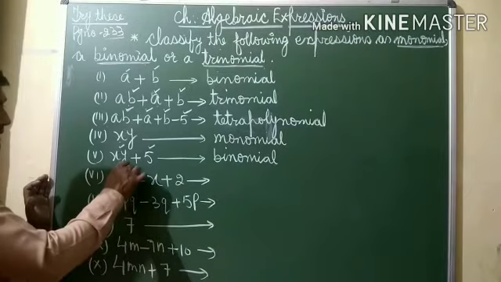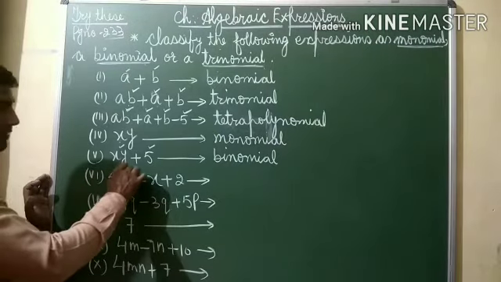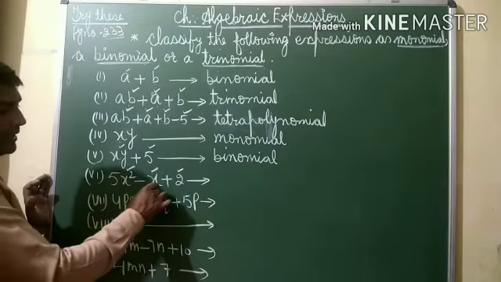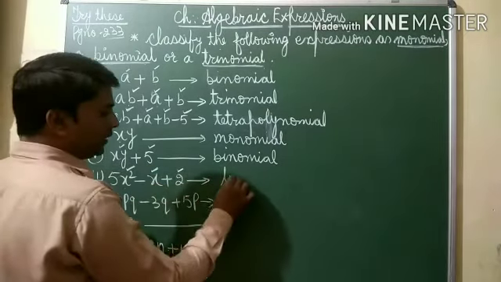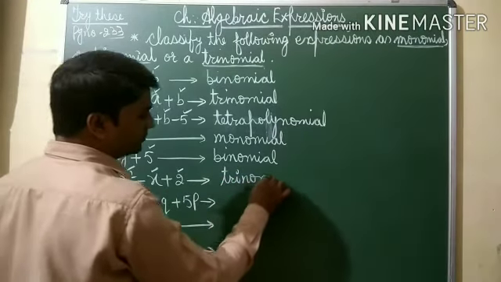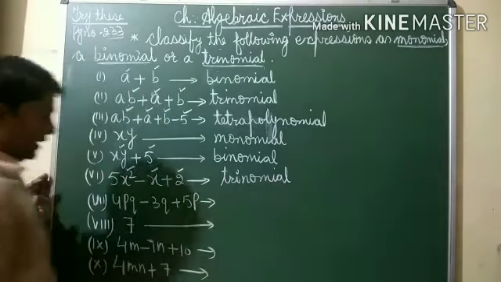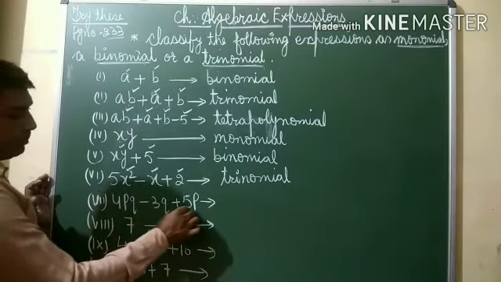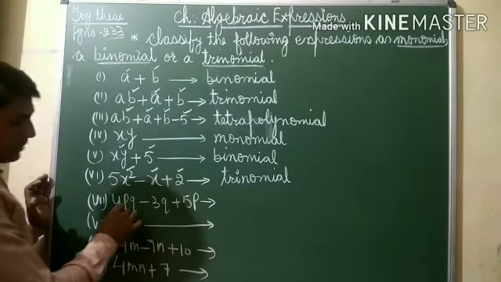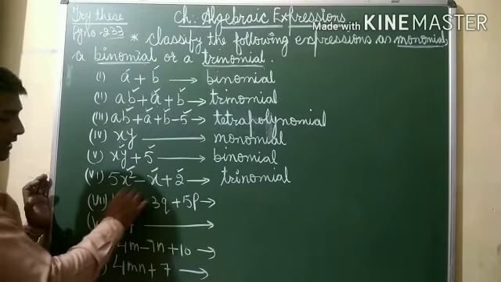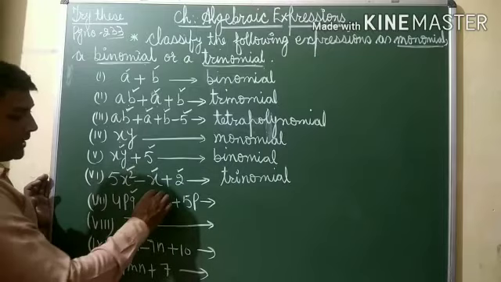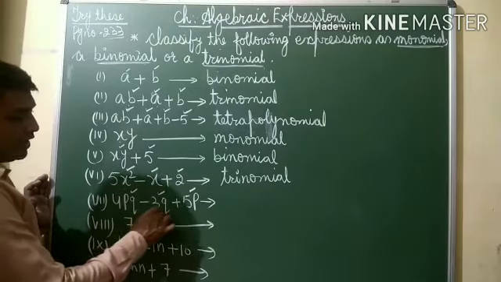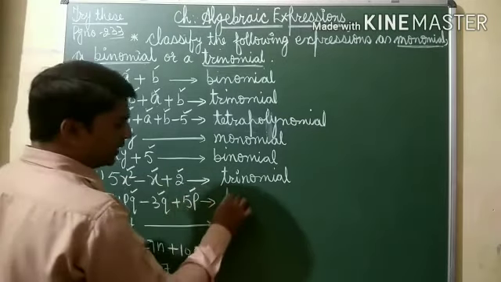Again, this expression contains three unlike terms, that is 5x square, minus x and 2. Therefore, it is a trinomial. Next is 7th part, 4p minus 3q plus 5p. This expression contains three terms, therefore it is a trinomial.